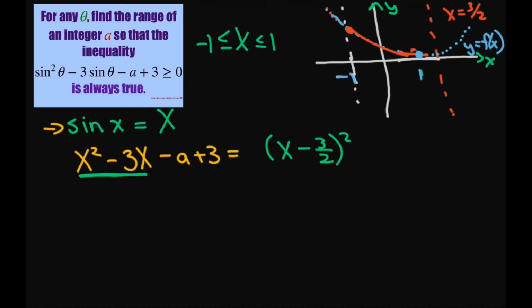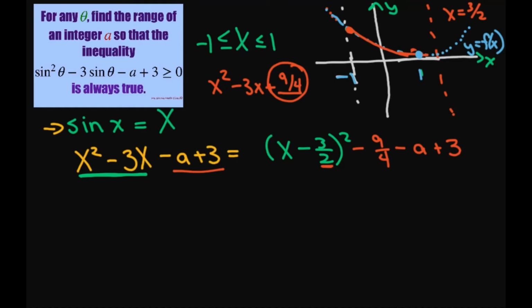When you're completing the square, if you have x squared minus 3x plus, you're going to have to take half of this and square it, which would be 9/4. Since we're adding 9/4, we have to subtract the 9/4, because this is going to give you an extra 9/4 that we didn't have before. And then let's copy this part down: minus a plus 3.